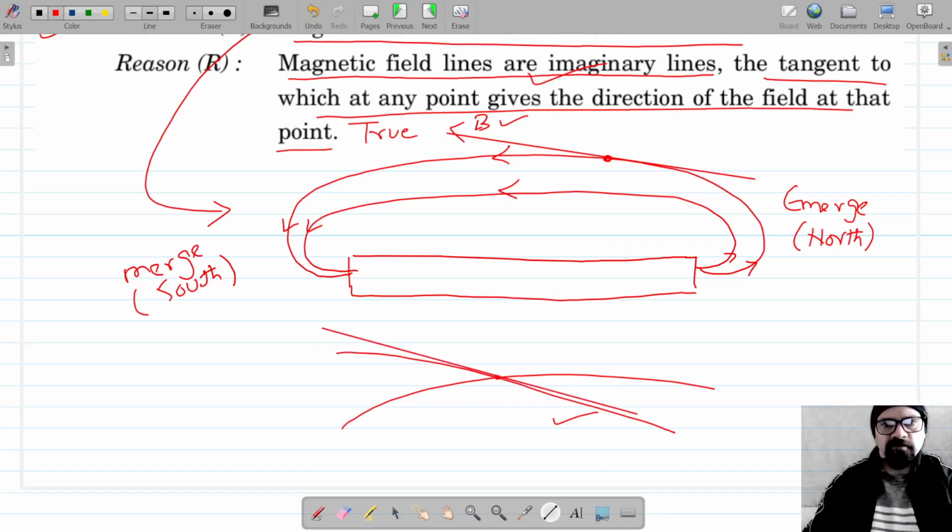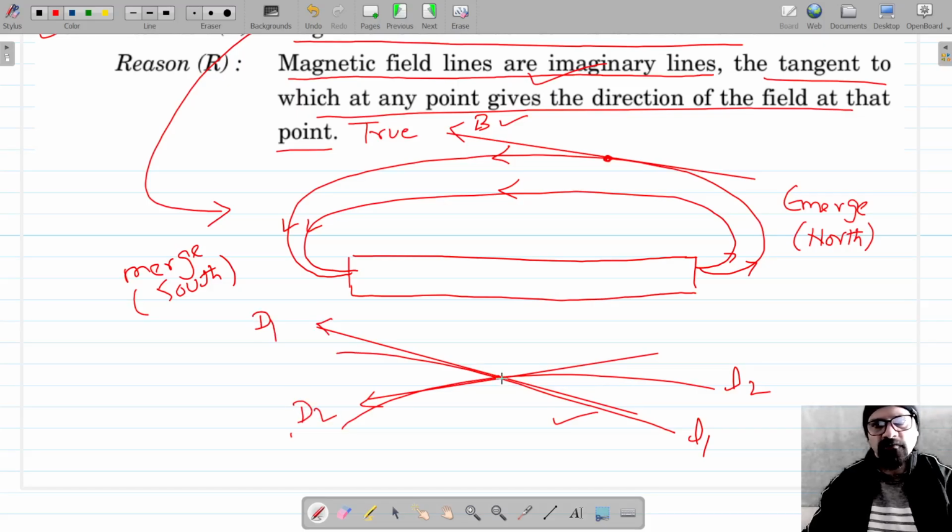So this is the direction for this magnetic field line, L1. Now let's say L2 is another magnetic field line, and its direction will also be a tangent, but in this other direction. So this is direction one, and this is direction two.